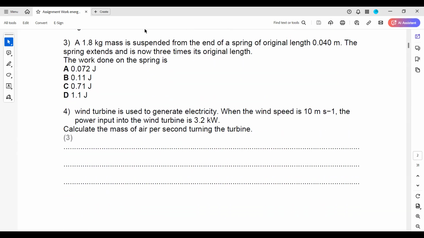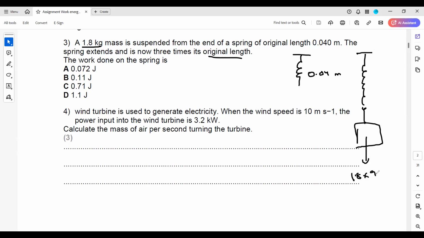In question 3, a 1.8 kg mass is suspended from the end of a spring which had an original length of 0.04 meters. The spring extended and now it's 3 times the original length. We attach a load, so 1.8 multiplied by 9.8.